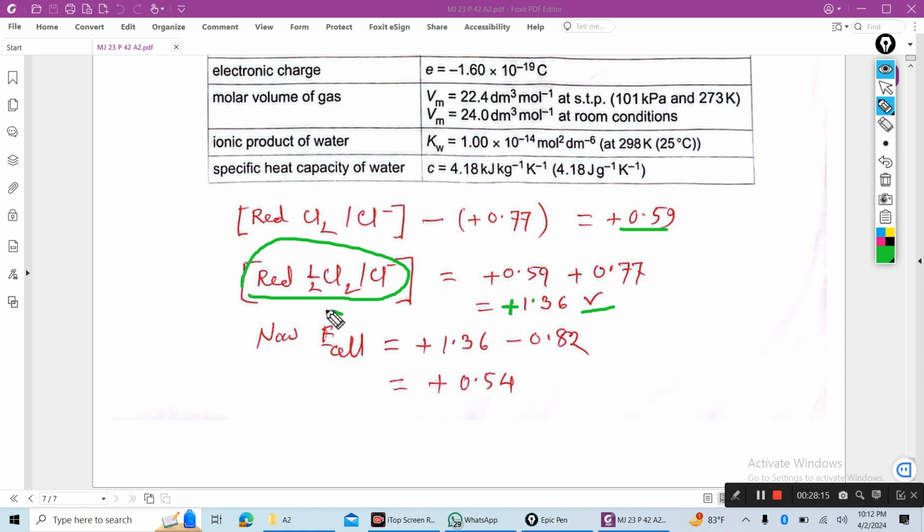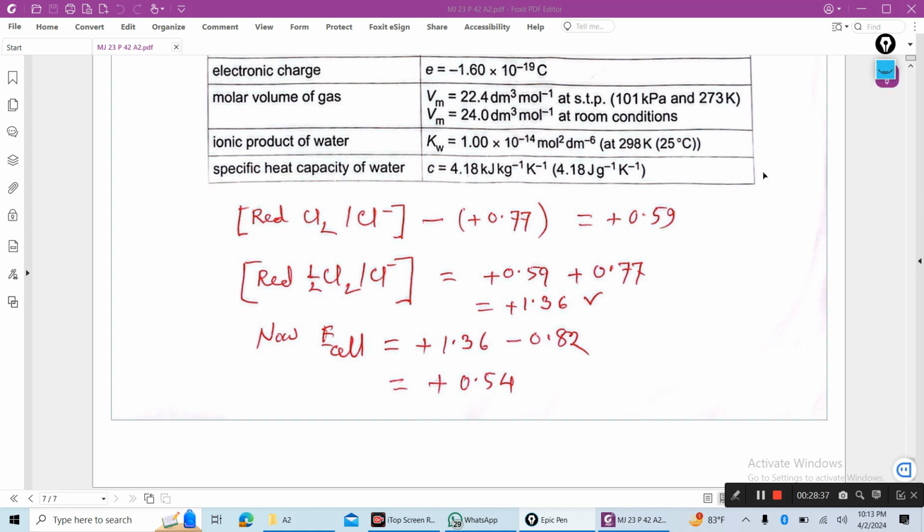Then now E cell will be the chlorine half cell reduction minus the iron oxidation half cell, so you get plus 0.54 volt. This is the answer. Thank you, dear students.